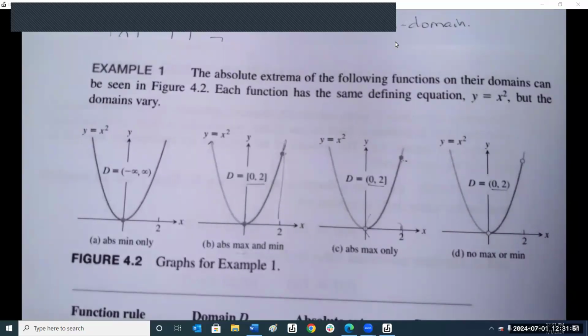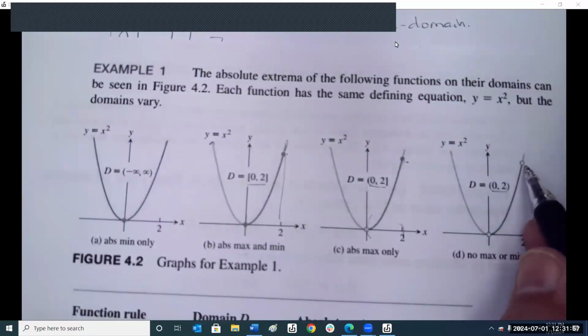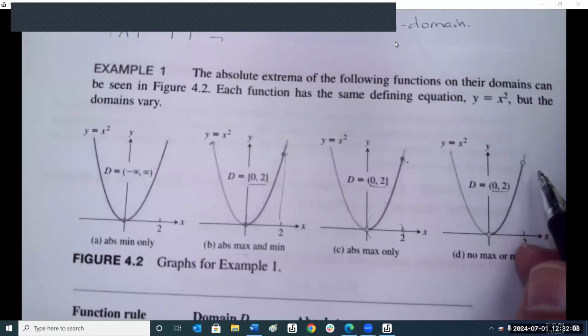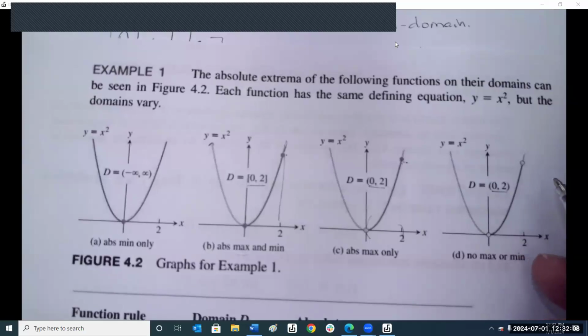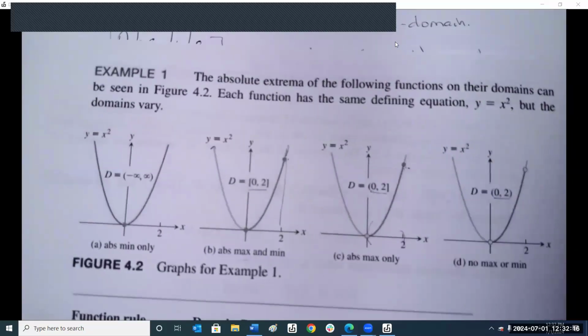It's got to be included to be a maximum or minimum. Why? Because if it's open at 2, what's the highest point just short of 2? 1.999. You give me as many 9s, I'll add another 9 behind it. So that's why there's no absolute maximum or minimum there.